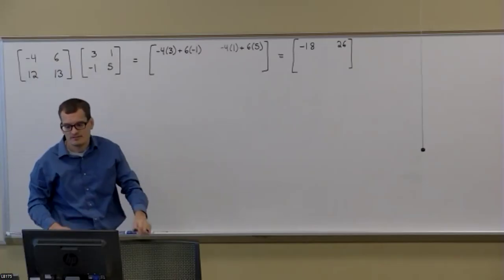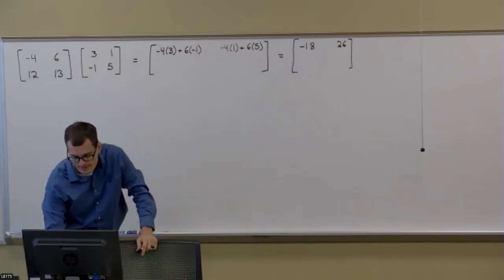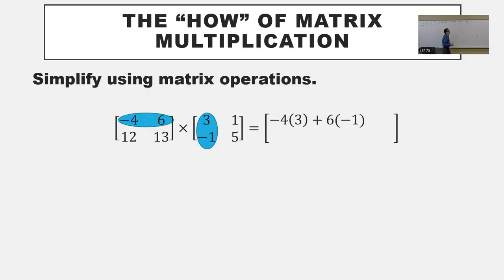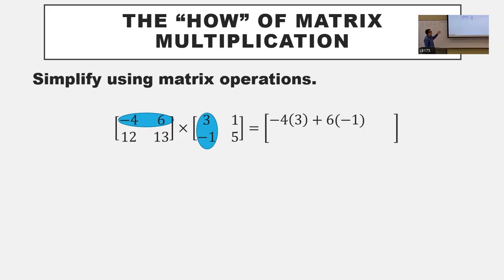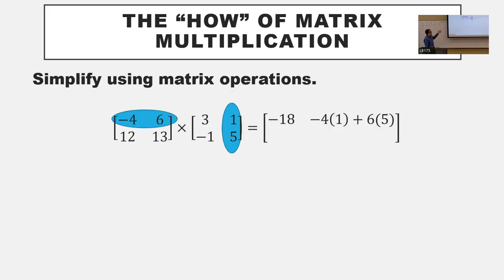Since I'm done with row 1, then I move on to row 2. Let me flip through this slide here. So I take row 1, column 1, then row 1, column 2.